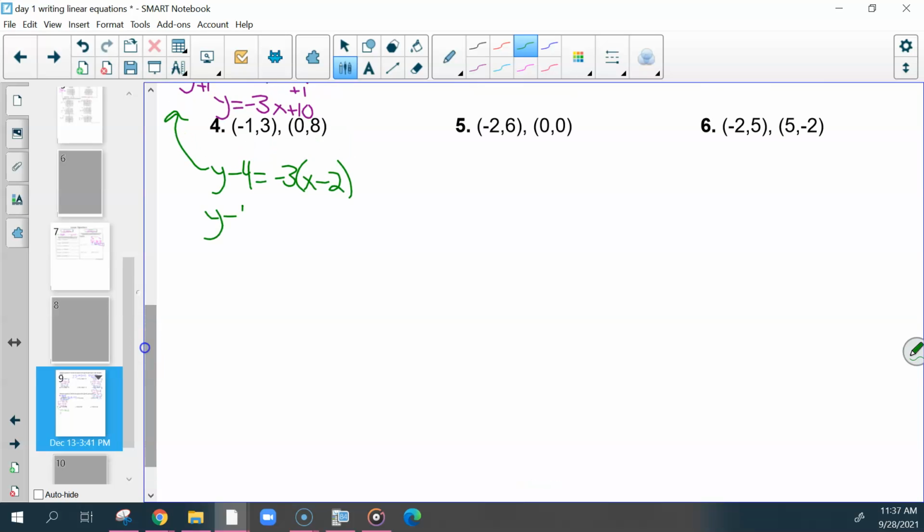Same thing. Simplify this. You get negative 3x plus 6. Add 4 to both sides. And you would get the same thing either way, whichever point you use, as long as you're doing that math correctly.